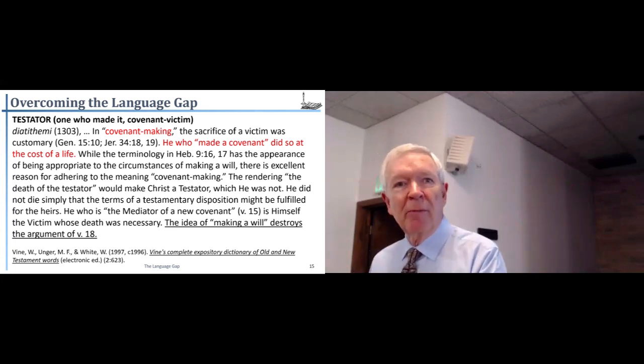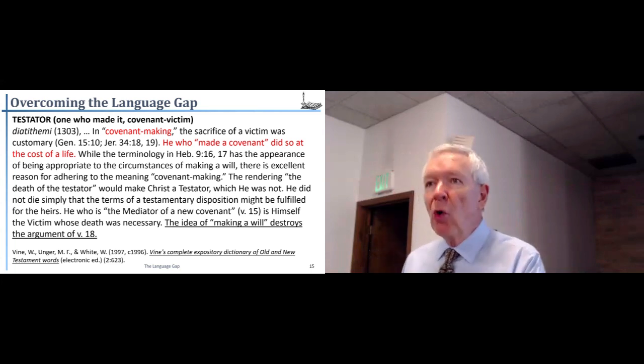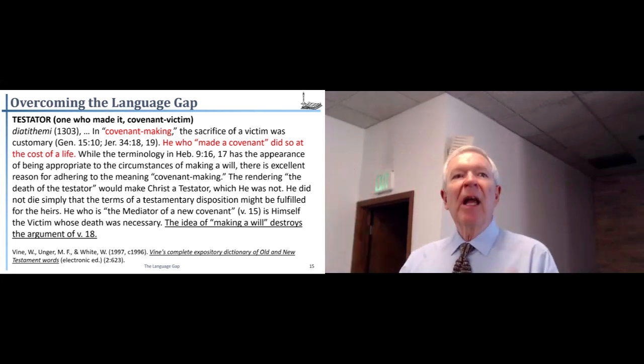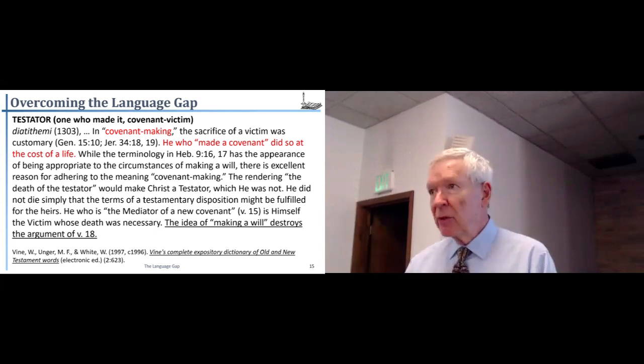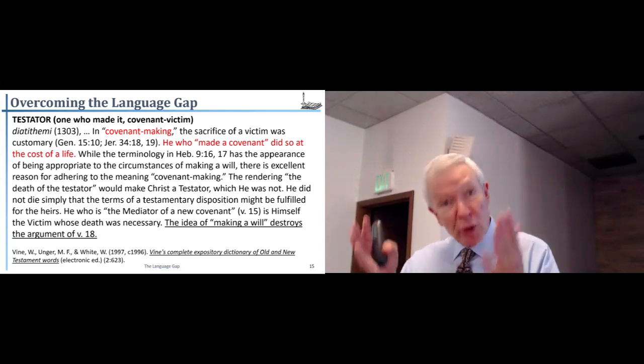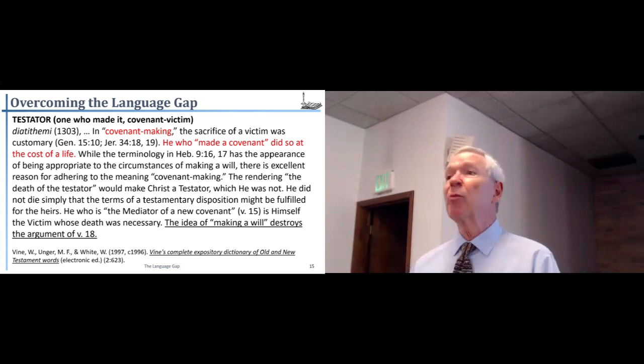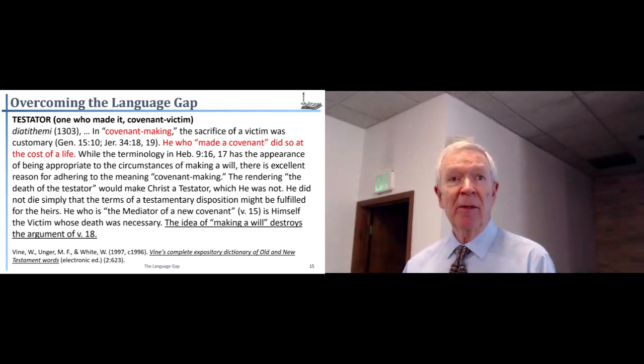Now, think about Hebrews 9. Was the Old Testament covenant ratified at the cost of lives? It was those animal lives, but they were sacrificed and the blood was sprinkled. And that was the blood that was part of that covenant, right?